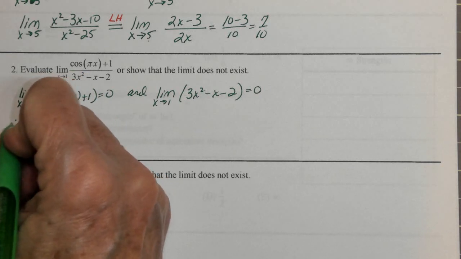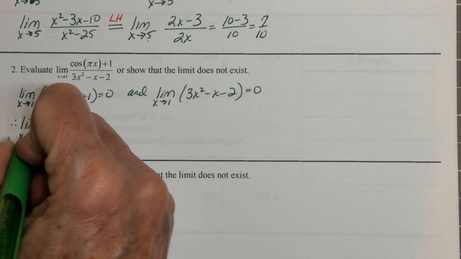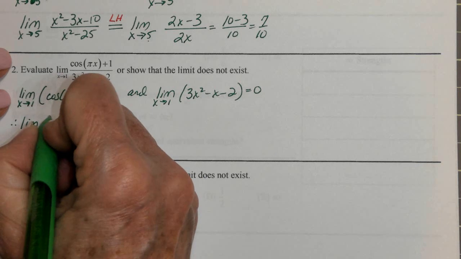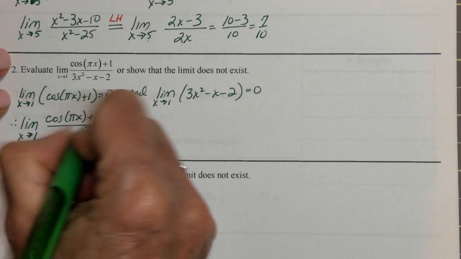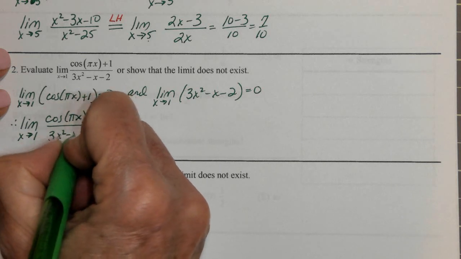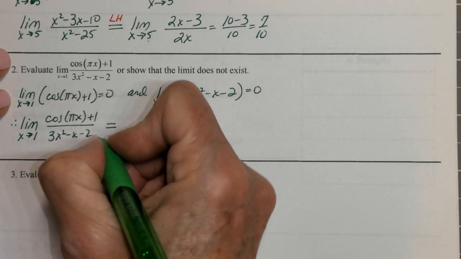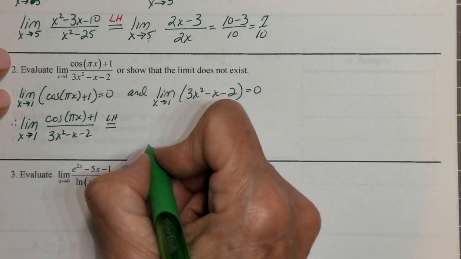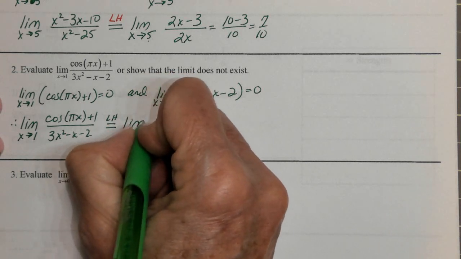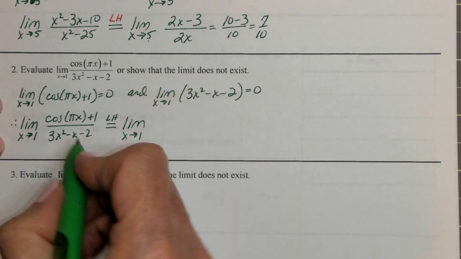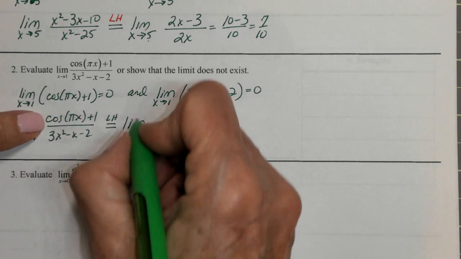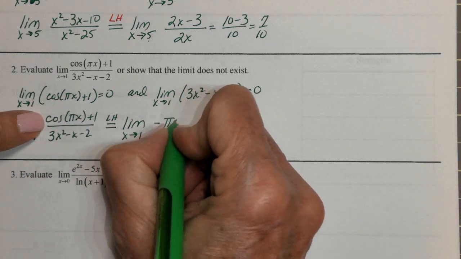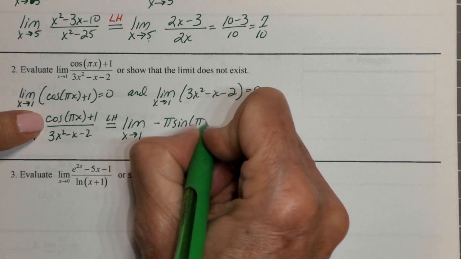So I can write the limit as x approaches 1 of what we started with is equal to, here's where I am applying L'Hopital's, the limit as x approaches 1 of the derivative of cosine of pi x, which is negative pi sine of pi x.